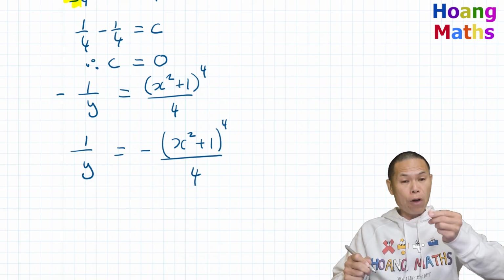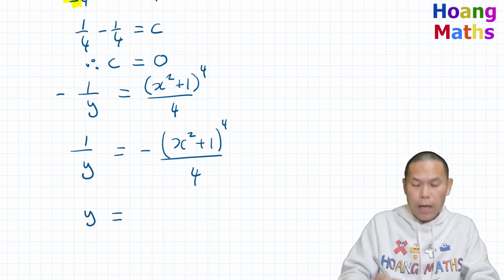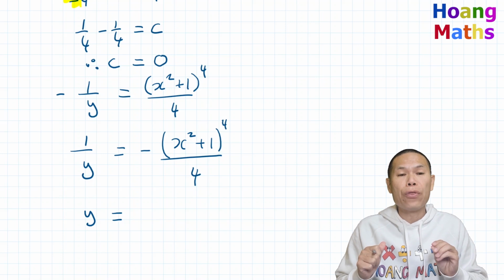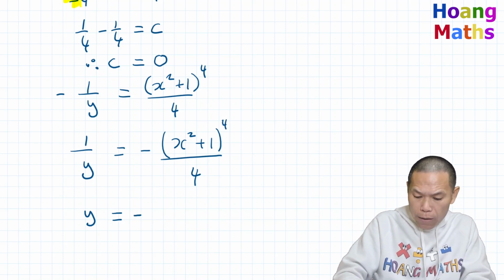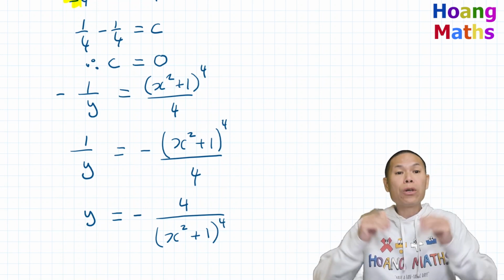Now I flip the left hand side so that becomes y, and flip the right hand side because we need to do the same thing on both sides. So that becomes minus 4 over (x squared plus 1) power 4. So there you go.